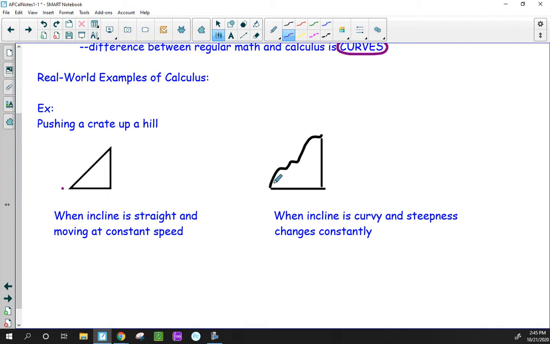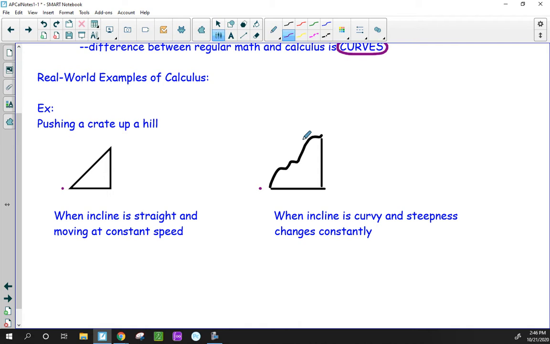However, it changes if the hill isn't straight diagonal. If it has a little curve to it, let's say you have a crate, you start pushing the crate up the incline, and the steepness changes, like right there, and then it's a little bit flat, and then it rises and a little bit flat and rises even more.